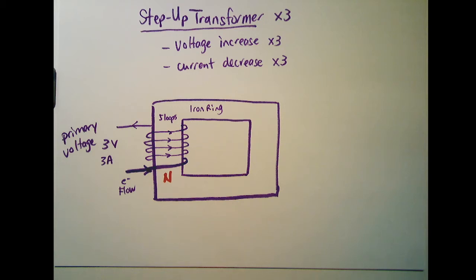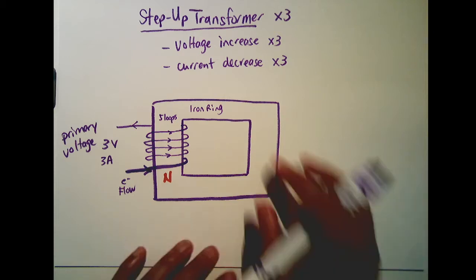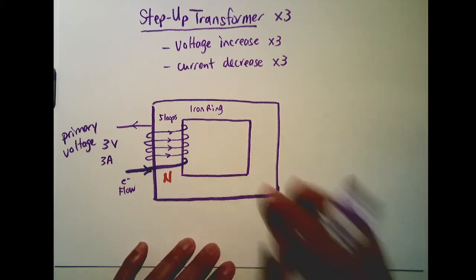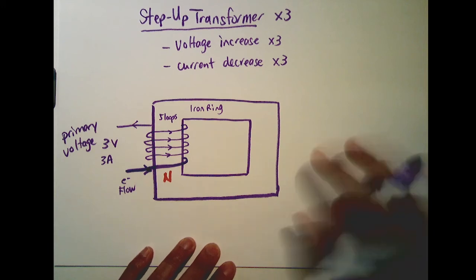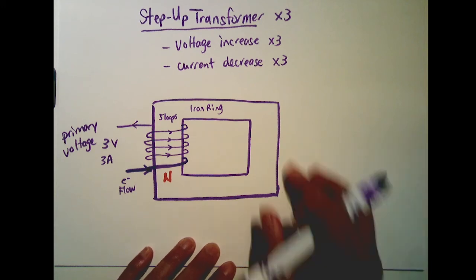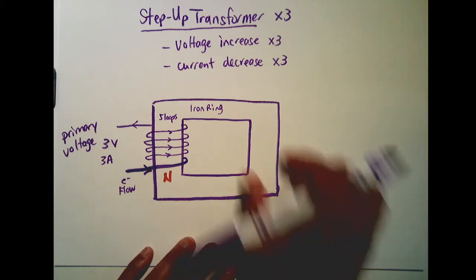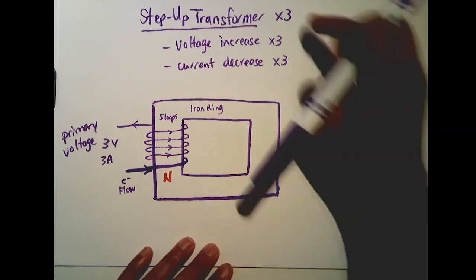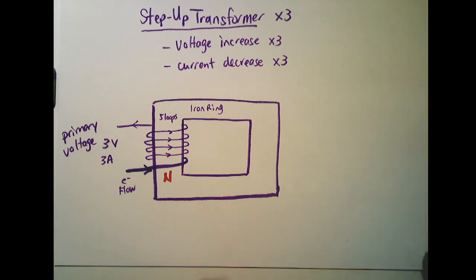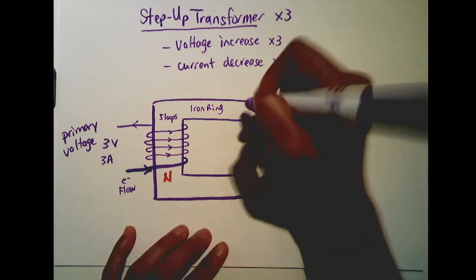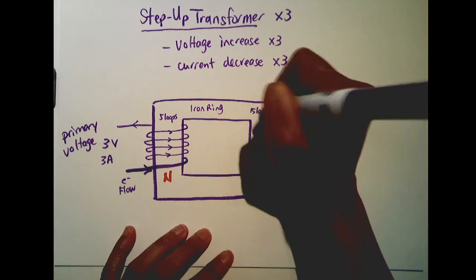Now, let's do the secondary loop, right? The secondary voltage here is going to be 3 times higher. To actually change the voltage, what we need to do is put in 15 loops. So notice it steps up by 3 times. So this is going to be 15 loops.